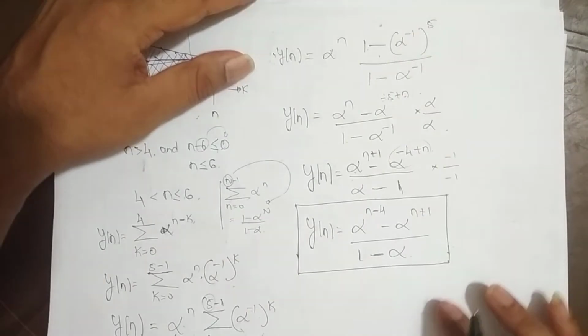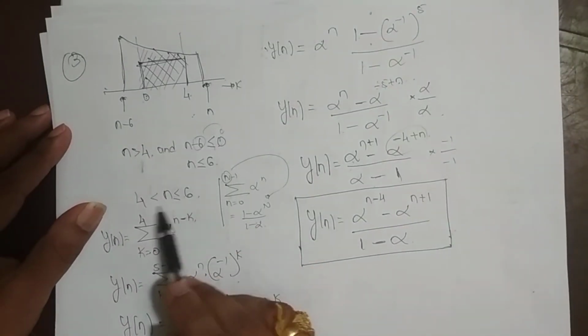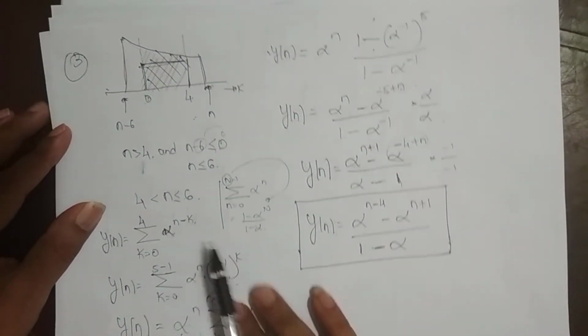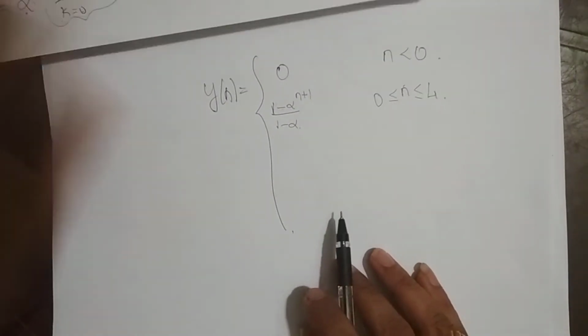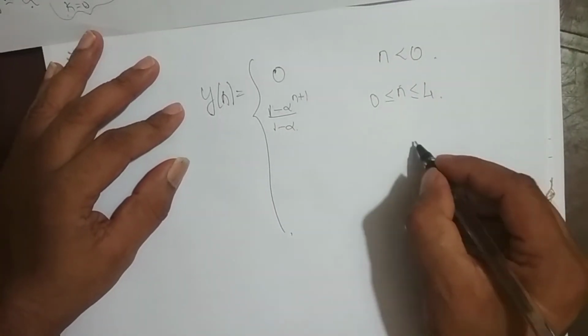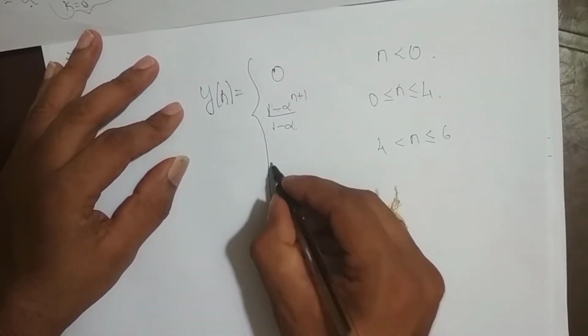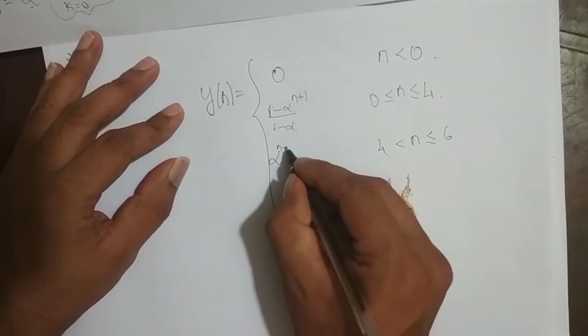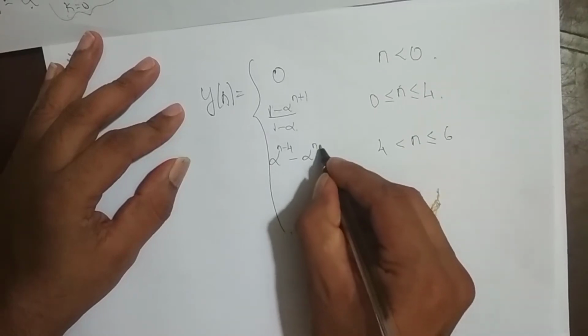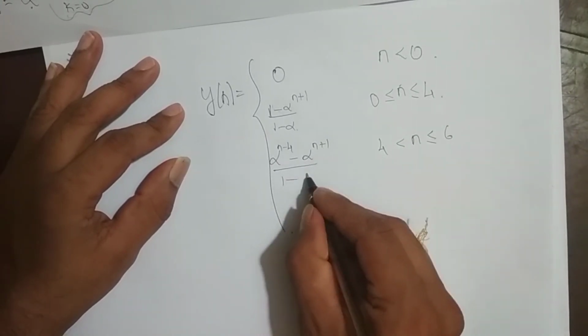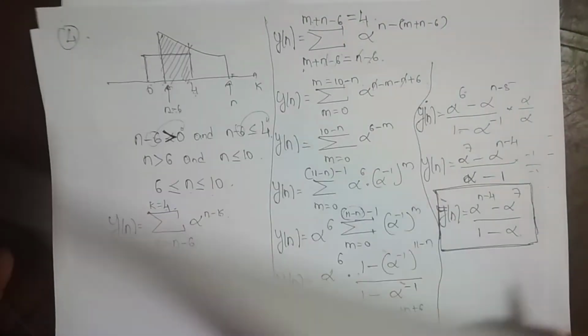And case 3, this is our case 3 equation, for n varying from where to where? 4 to 6, less than 4. So it is for n in between 4 to 6. So y of n is alpha power n minus 4 minus alpha power n plus 1 whole divided by 1 minus alpha. Okay, this is our case 3 equation. What about case 4 equation?